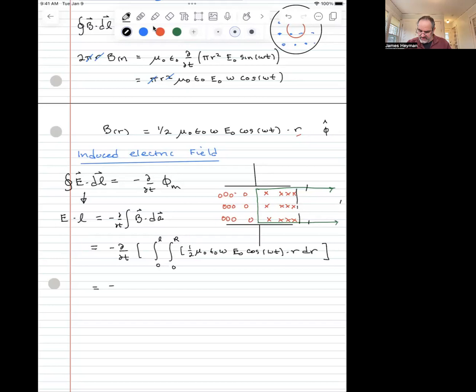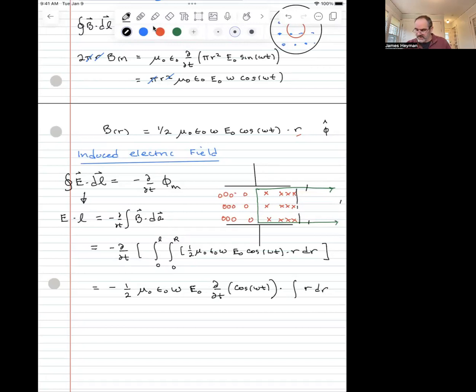So we have minus, and likewise, most of the terms don't depend on time. So we'll just have minus 1/2 mu naught epsilon naught omega E0, times the derivative with respect to time of cosine of omega t, times the integral over r of r dr. All right?